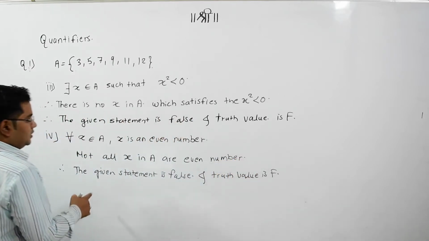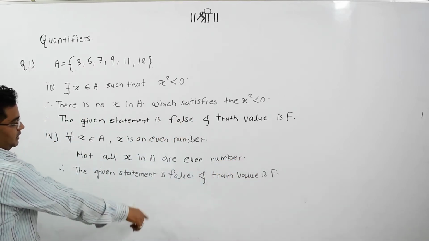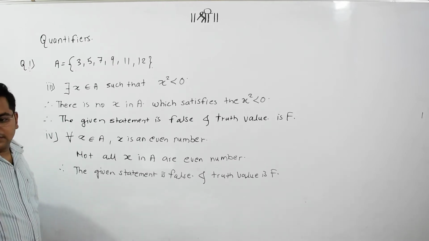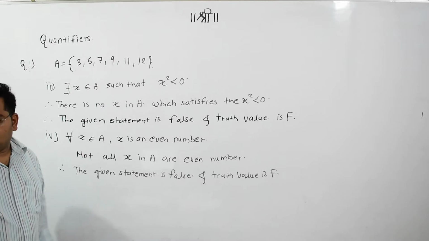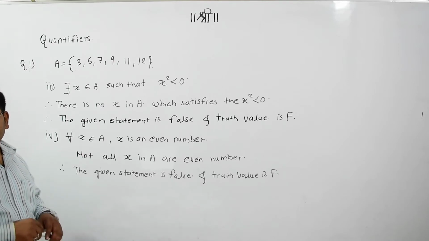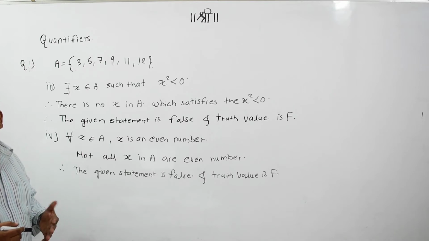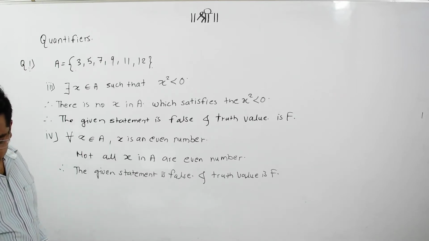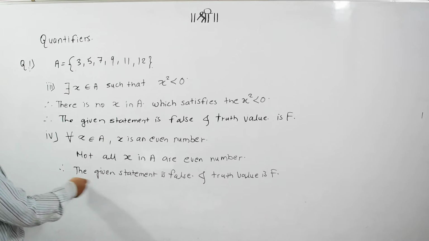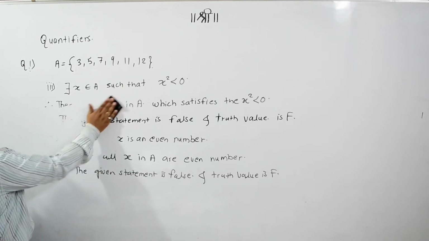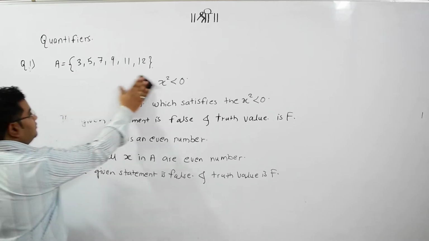Therefore we are getting this statement as false. Okay, now let's move further. There exists x belongs to A such that, we need to prove this. Hope you got it. So the truth value is false. So up to question number 4 we have completed question number 1.